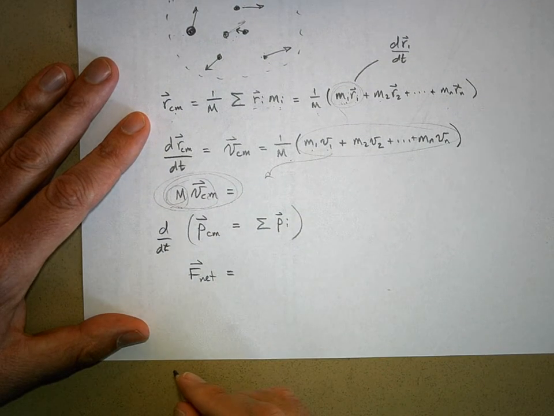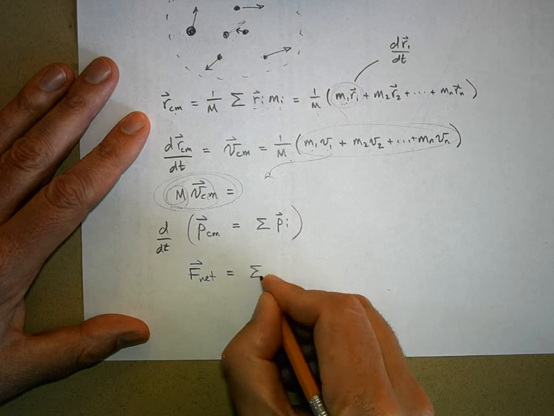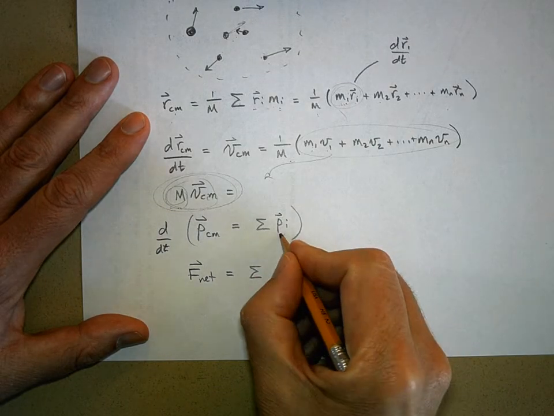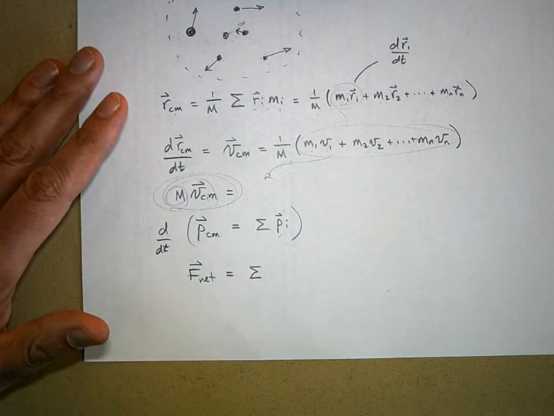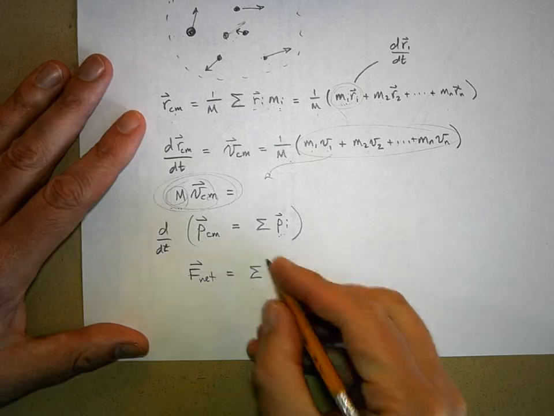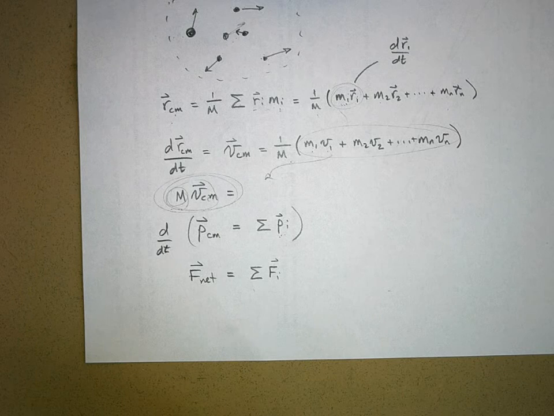And that's going to be equal to the sum of the derivative of all of these guys. Well, it's the net force on object 1, and the net force on object 2, the net force on object 3. Okay.